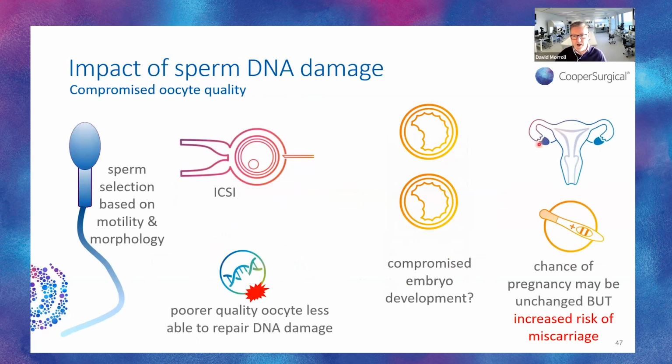If you've got compromised oocyte quality, the poorer quality oocyte is less able to repair that DNA damage. You may end up with compromised embryo development. You may even get normal pregnancy rates, but you get an increased risk of miscarriage. And what PIXI can do is avoid that by avoiding the problem with the sperm.